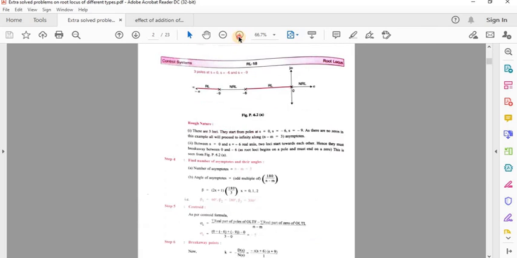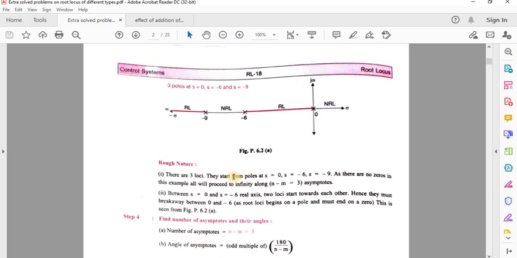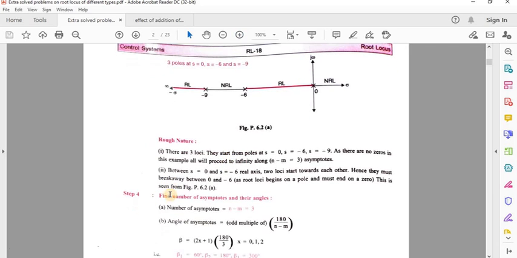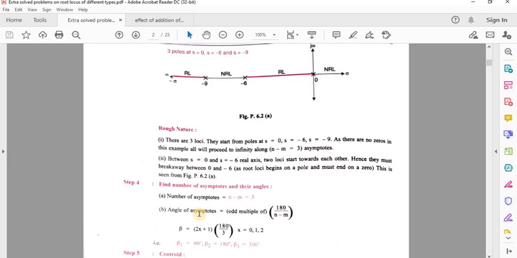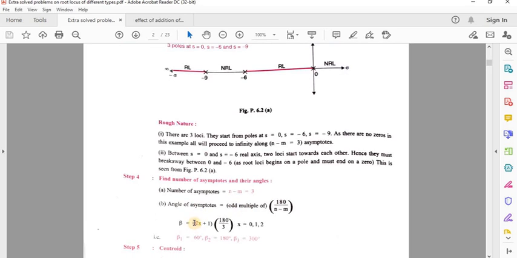Okay, so next step, you have to find the number of asymptotes and their angles, the angle of asymptote, because we require asymptotes in order to give the path or the way to the root locus. The number of asymptotes is n minus m equals 3. To find the angle of asymptote, the formula is (2x plus 1) times 180 upon 3, for x equal to 0, 1, 2 because it is 3.